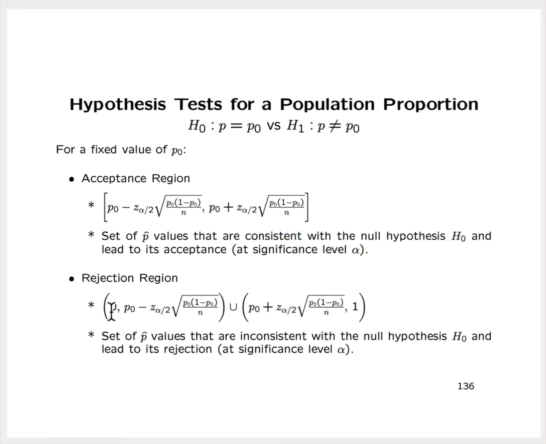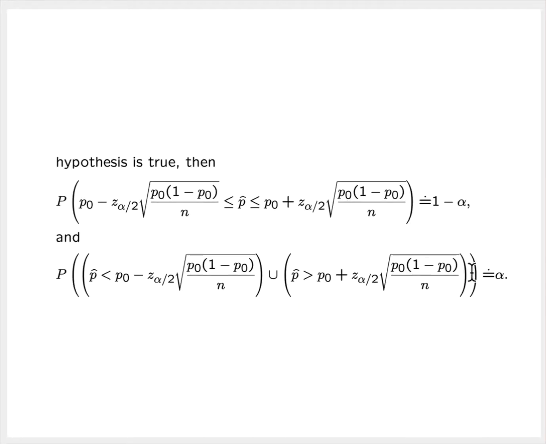On the other hand, the complement of that set, the union of this interval and this interval, these are values of p hat that are inconsistent with the null hypothesis because values of p hat in those two intervals have just a very small probability of occurring, probability of alpha.